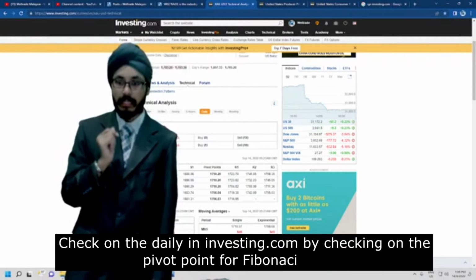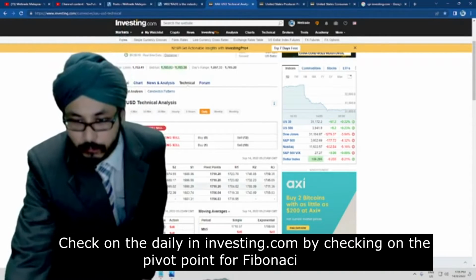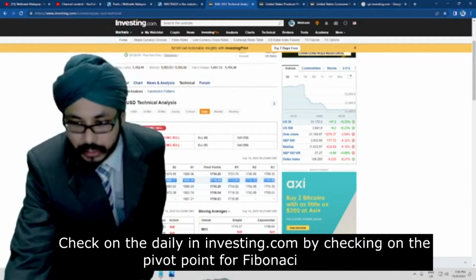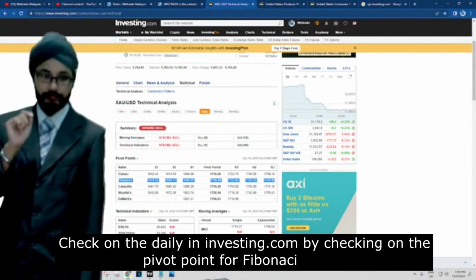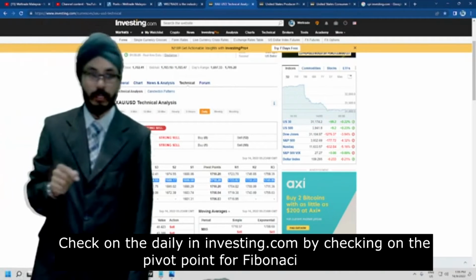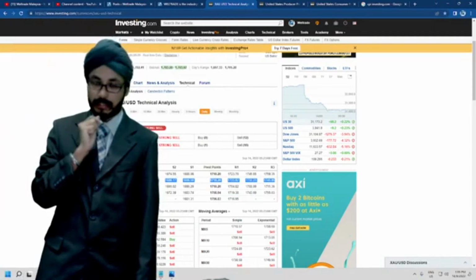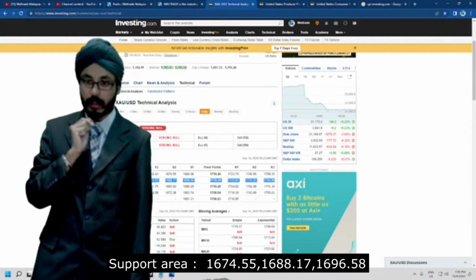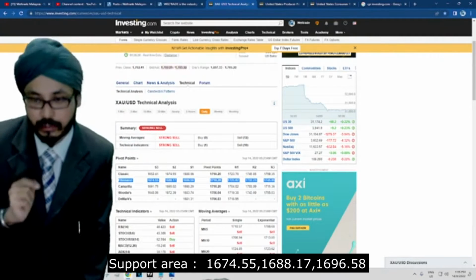At daily, we can see that we have pivot points, which we can use as our support and also our resistance. Usually some people would prefer to use Fibonacci, but this would totally depend on your technical analysis. As you can see here, we have 3 support points and 3 resistance points.